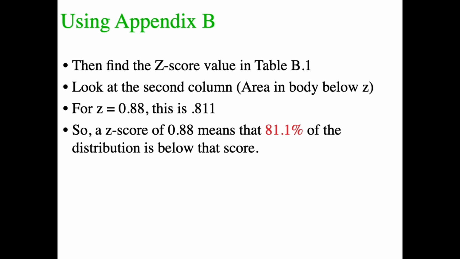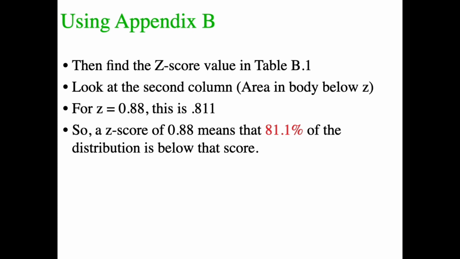So if I add these two pieces together, the part that's between the mean and the z-score, which is 31.06%, you can see it shaded in the picture in table A.1, and add that to the 50% that are below the mean, that would mean that my z-score, 0.88, is where 81.06% of this distribution is below that score. So that means that 81.06% have a pulse that is less than mine.